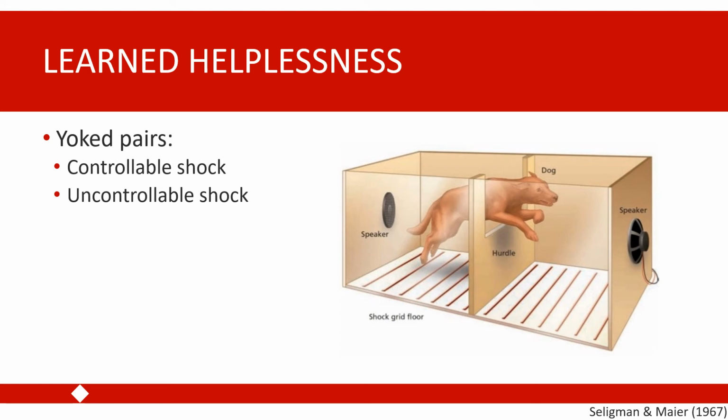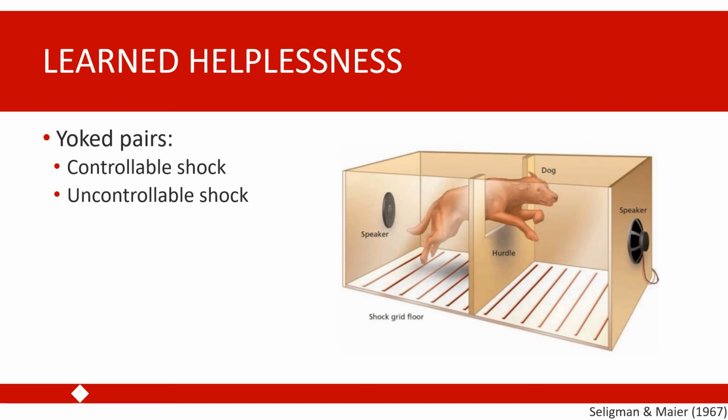In contrast, the group of dogs that had received the uncontrollable shock at the beginning of the study, even though in this second half of the experiment they were able to terminate the shock by engaging in a behavior, they never learned that behavior. And in the videos, you can see that they look like what you might imagine dog depression to look like.